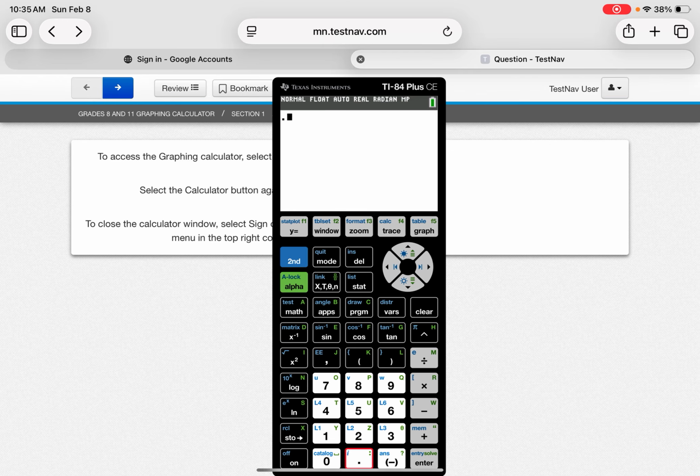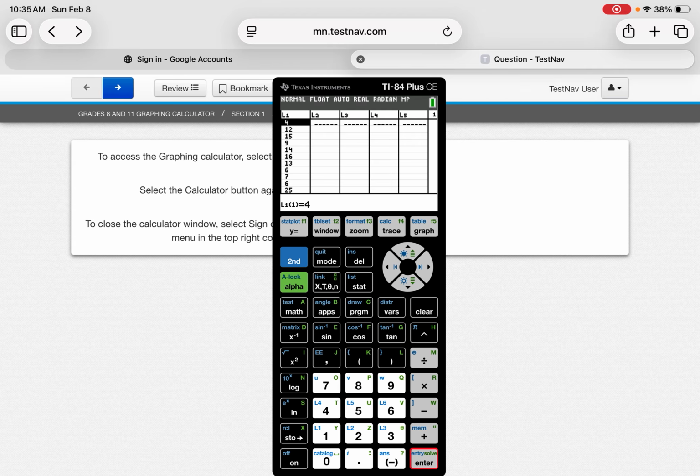Okay, so I'm going to hit Stat. I want Edit, Enter. I'm going to clear this list out, so I'm going to highlight L1, hit Clear, Enter. All right, now I'm just going to type in those numbers.